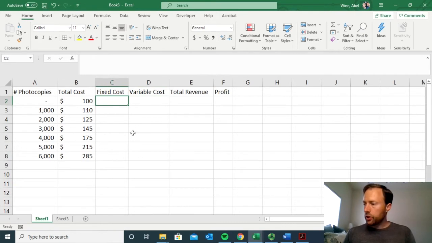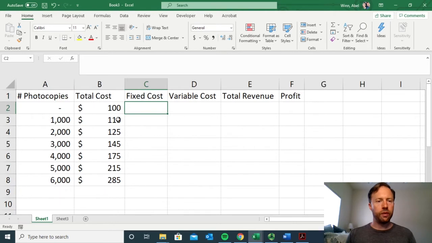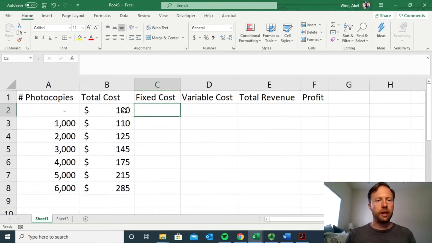All right, so let's see, part A. Fill in the missing numbers in the table, assuming that Carrie can charge 5 cents per black and white copy. So let's begin with fixed cost. Remember that total cost is just fixed cost plus variable cost. And remember also that variable cost is 0 if you're not producing anything.